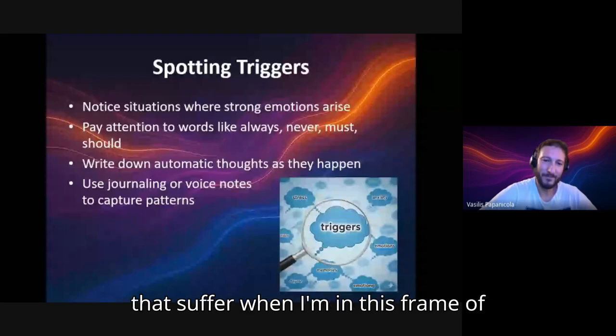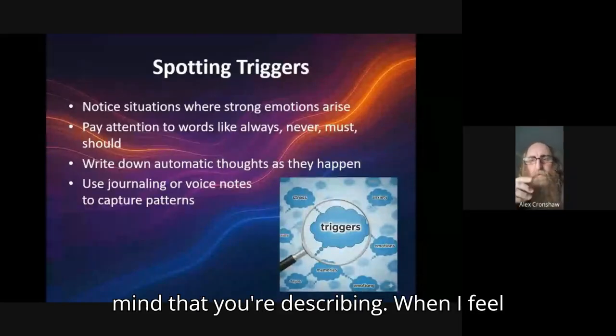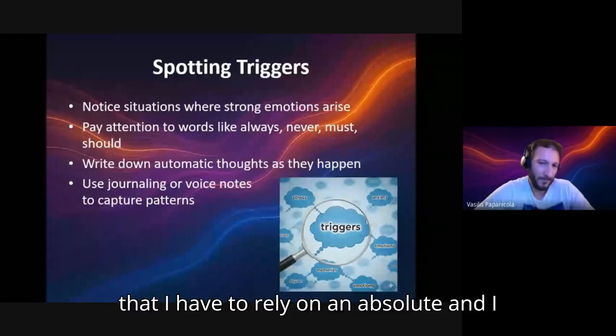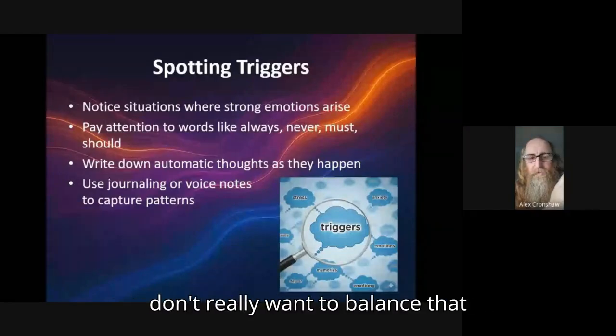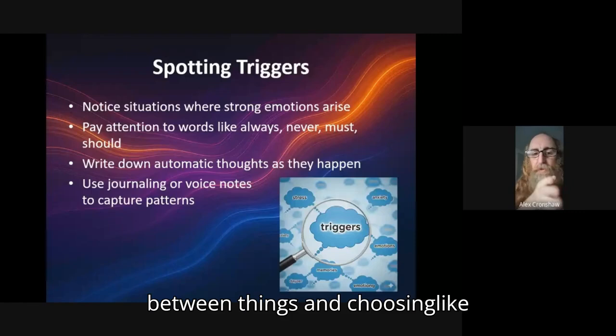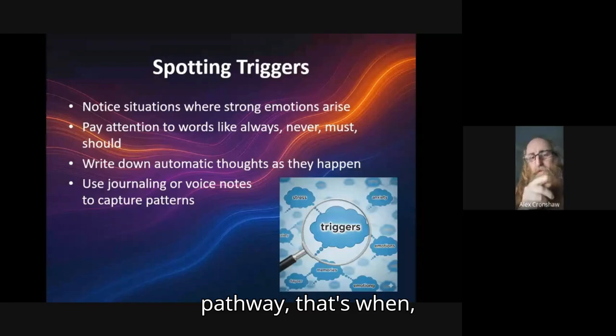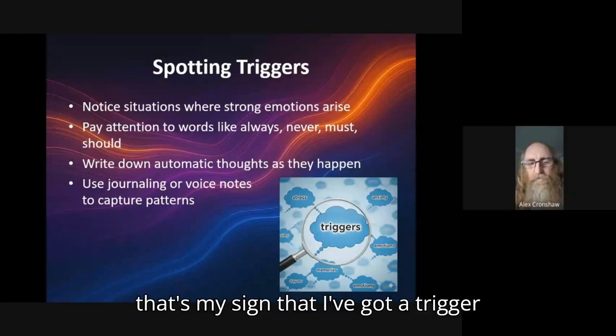Those are the things that suffer when I'm in this frame of mind that you're describing, when I feel that I have to rely on an absolute and I don't want to balance that against anything else, when I'm not placing myself in the grey area in between things and choosing a more mutually beneficial pathway. That's my sign that I've got a trigger.